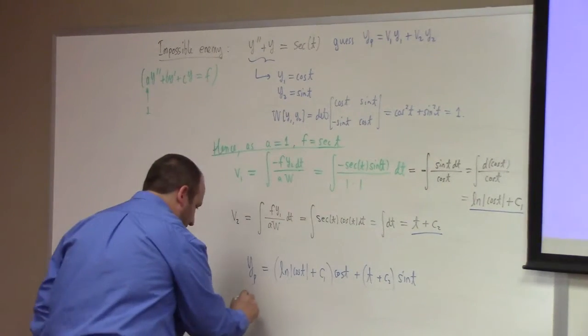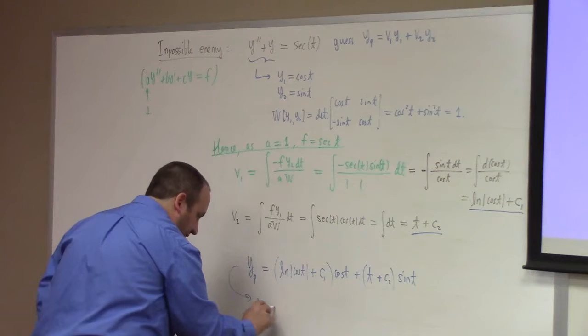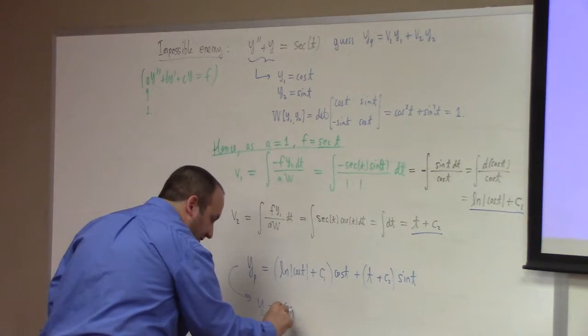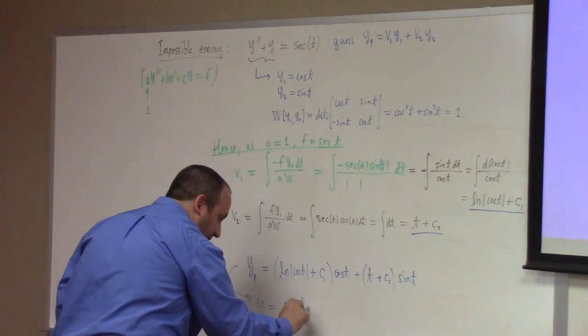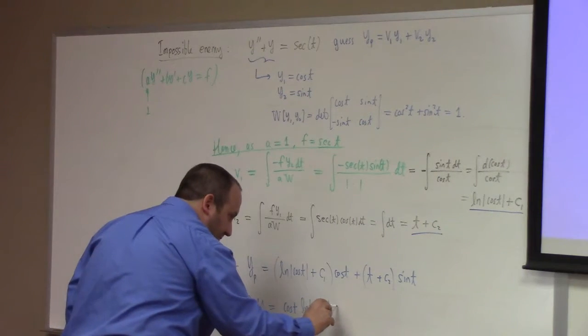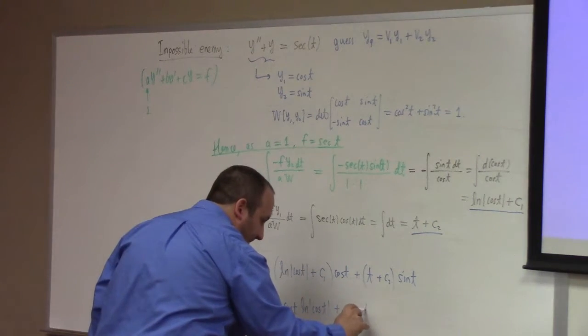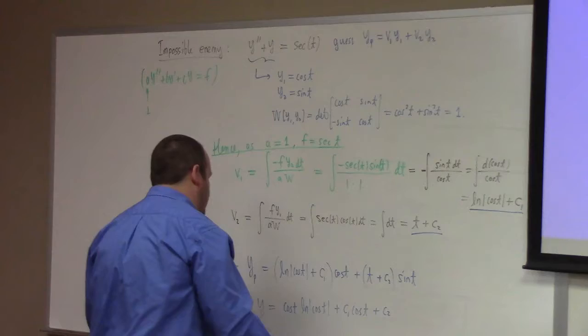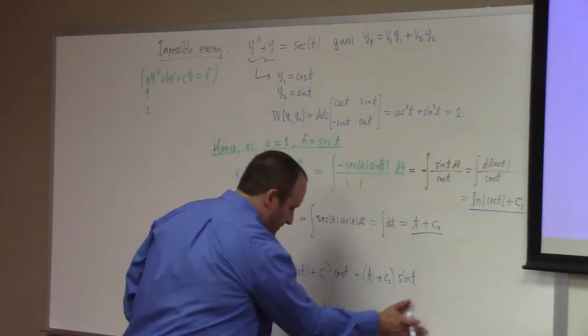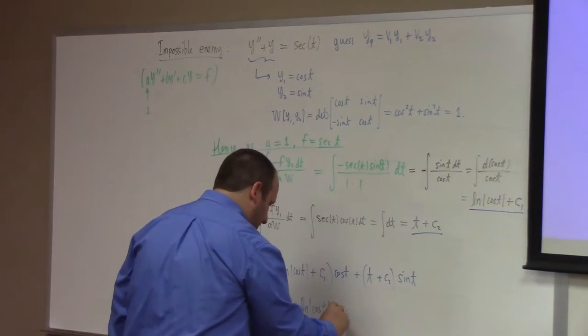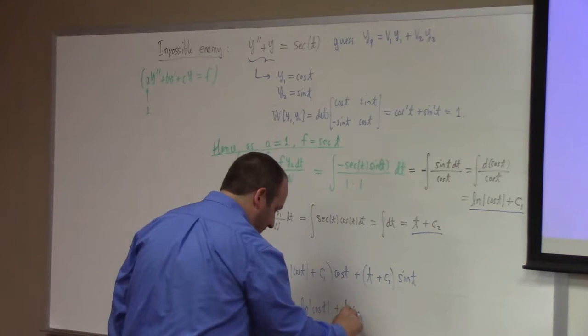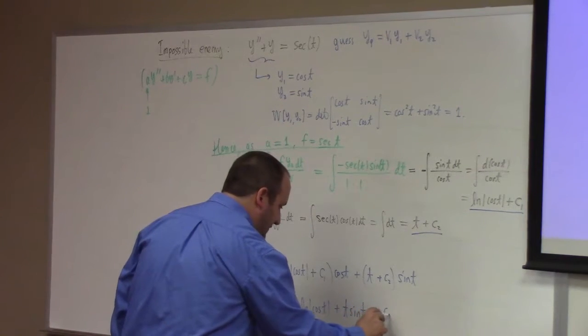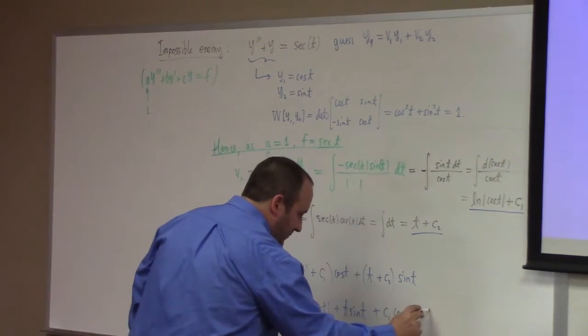So really the general solution is cosine t times the natural log of the absolute value of cosine t, plus t sine t, plus c1 cosine t plus c2 sine t.